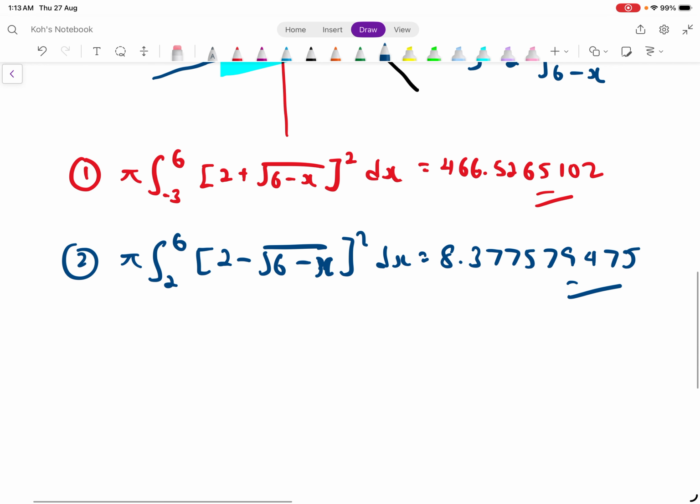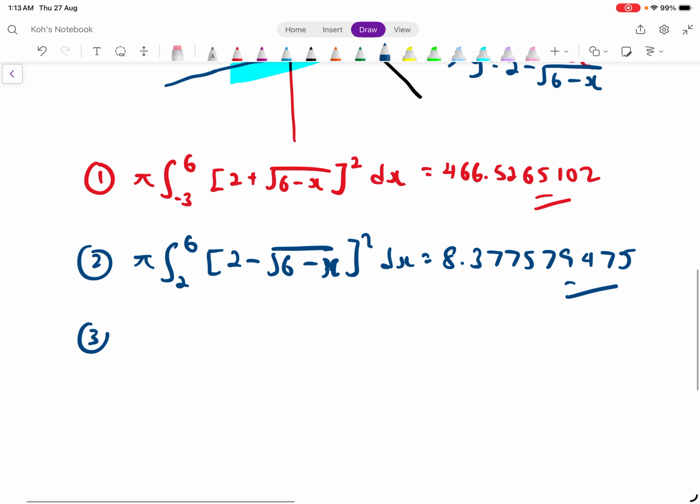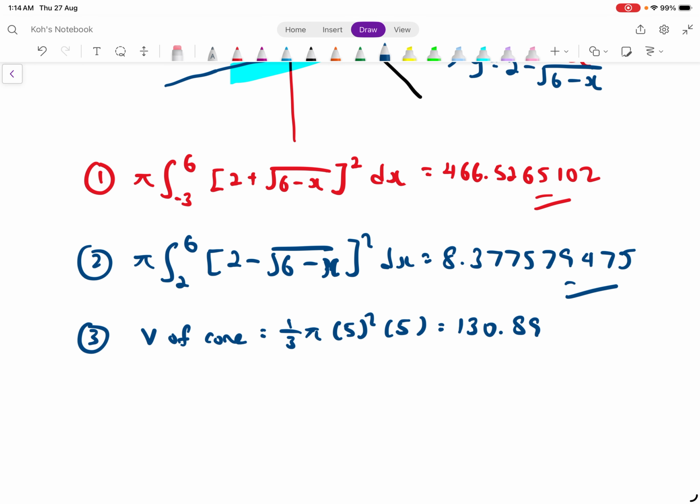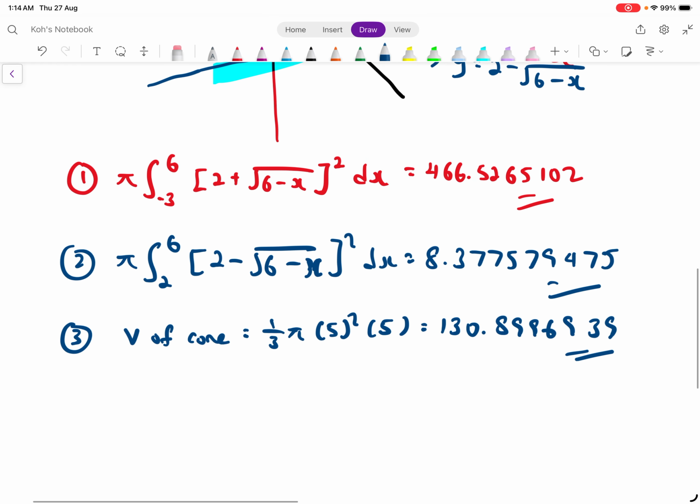The third thing I want to minus off is the volume of the cone: one third pi, 5 squared, times height 5. This gives 130.8996939.